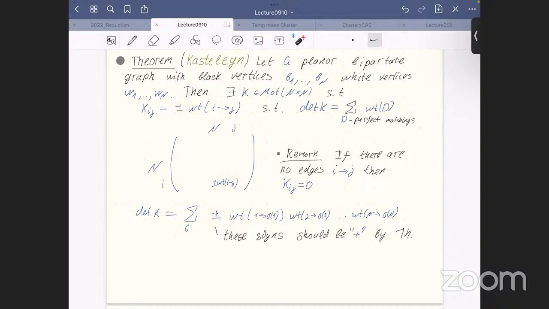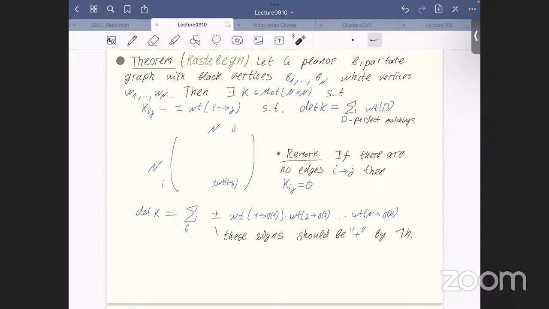This is the Kasteleyn theorem. The complexity is that we have n squared signs and n factorial permutations, so it's not evident that we can. Okay. I see. Thank you.